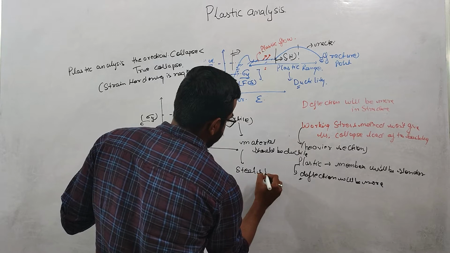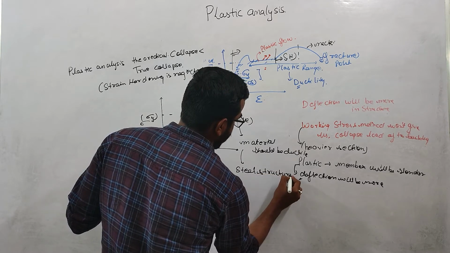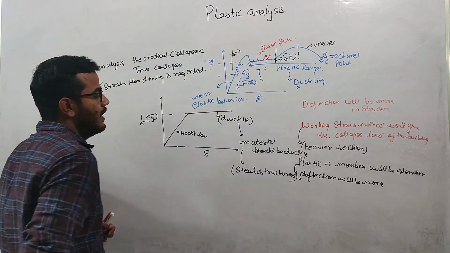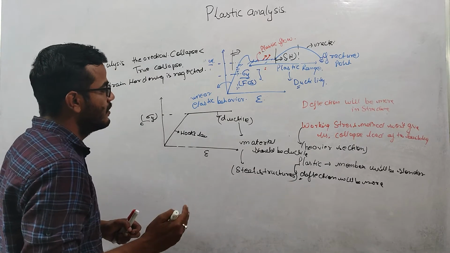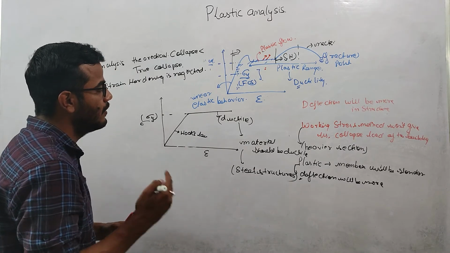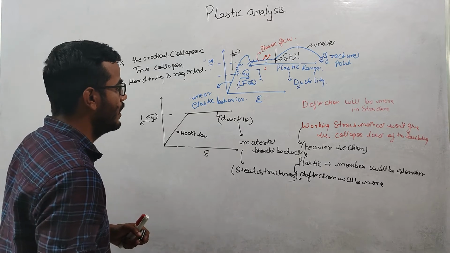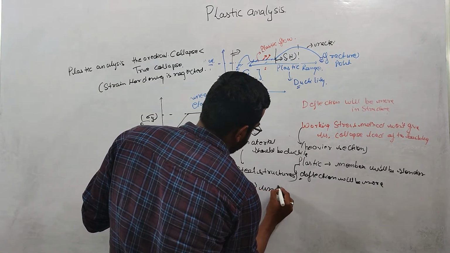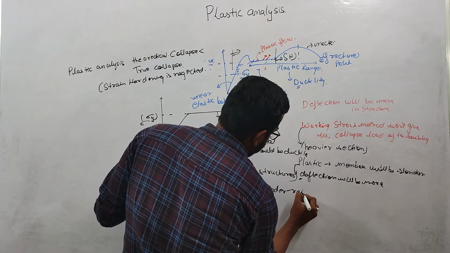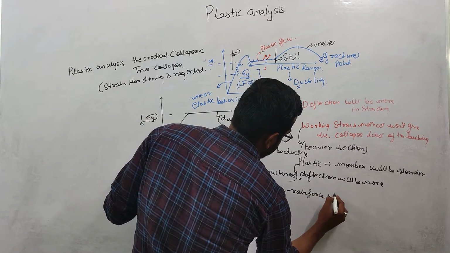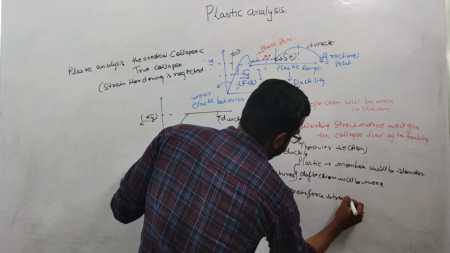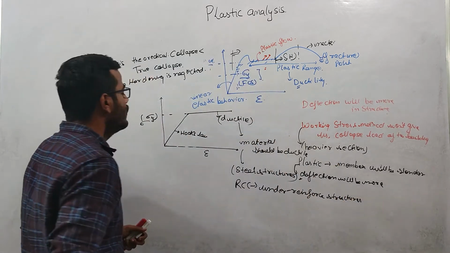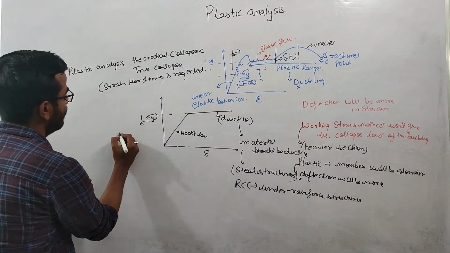In RCC, under reinforced sections will have ductile behavior, so in RCC we will be having under reinforced structures. So this is basically the idealized curve for the plastic analysis.